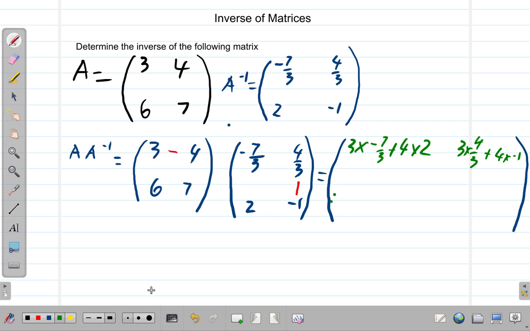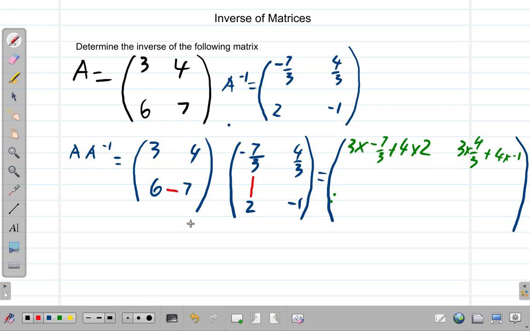After this, the element is in row 2, column 1. So I must multiply, this time, row 2 by column 1.